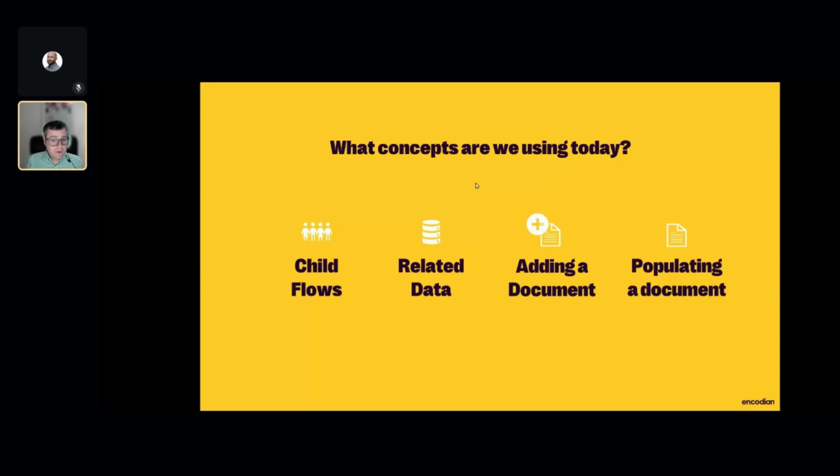So I'll be talking through how we do that. I'll also be going through how we add a document against our gift record. And then lastly, how we populate that document with data from Raiser's Edge so that the letter is there, ready to send out.